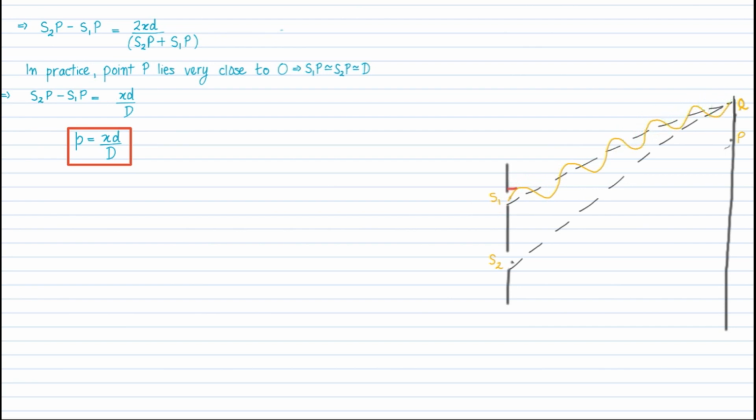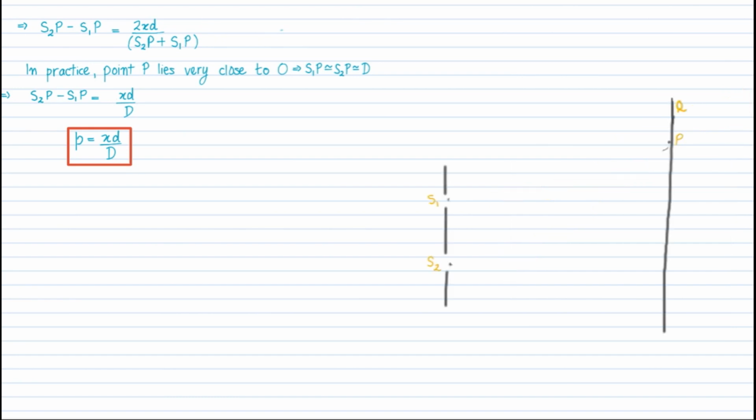So it takes five wavelengths to reach this point Q. Now the light coming from point S2, one wavelength, two, three, four, five, six, and seven. Again the trough and the trough coincides, the crest and the crest coincides, so again you have a constructive interference. That means again you will have a bright spot at this point Q.